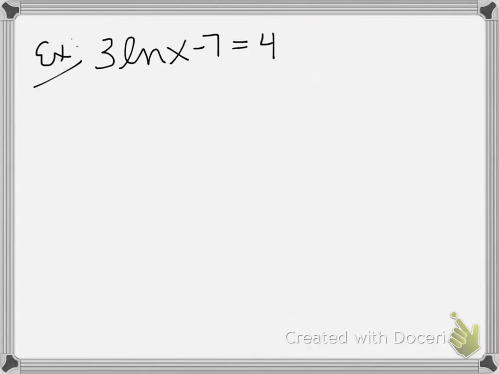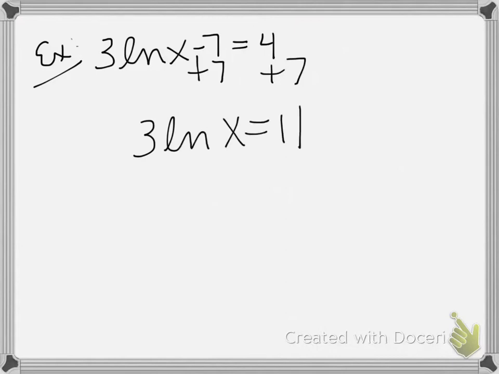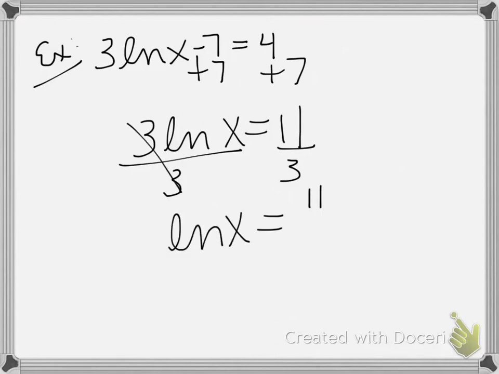For this next problem, again, my log is not by itself, so I have to add 7 first, which gives me 3 ln x equals 11. Then I still have to divide by 3 because the log is not by itself. So ln x equals 11/3. Then you can rewrite ln x as log base e. It's an e, not a 3. Let's erase that and try it again.